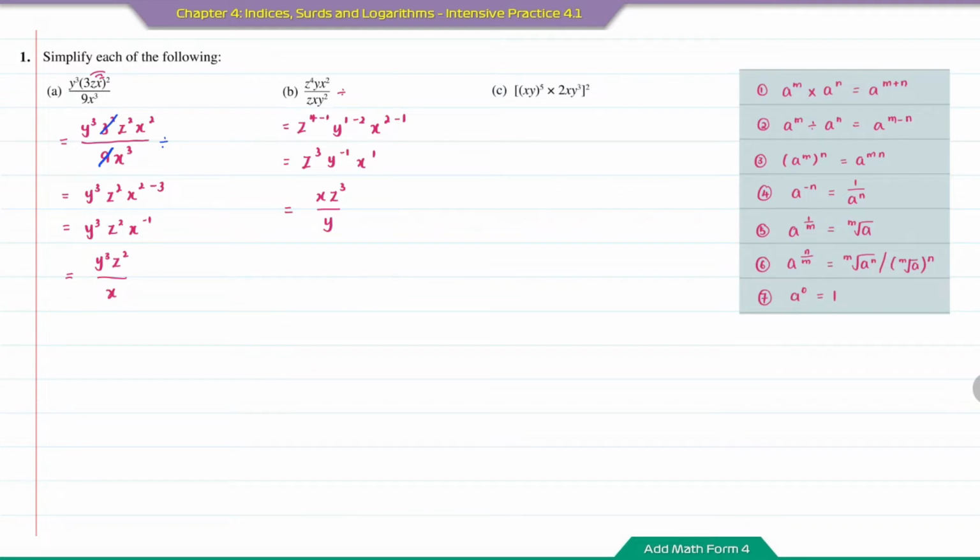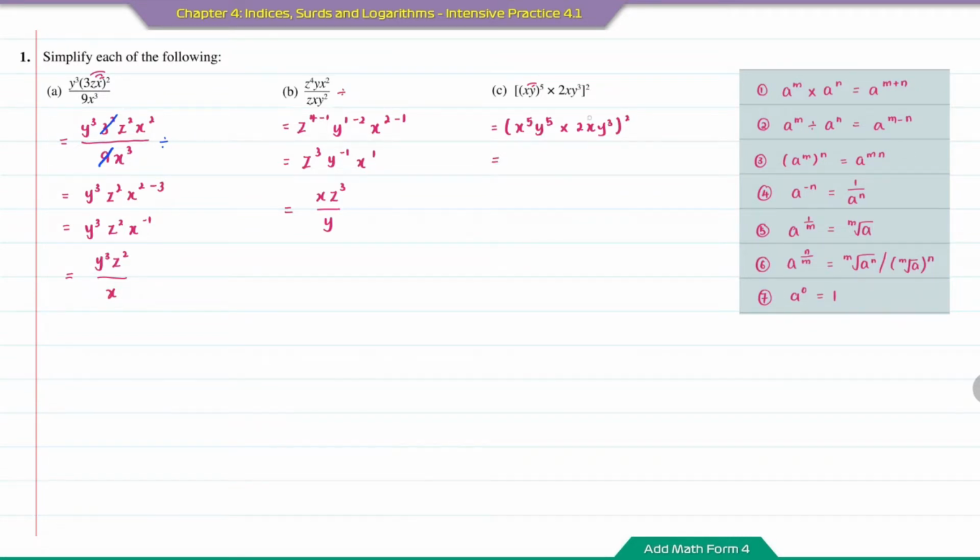For question C, first we're going to solve the expressions inside the bracket. So first, let us expand this bracket. You're going to have x to the power of 5, y to the power of 5 times 2xy cubed, and then bracket power of 2.